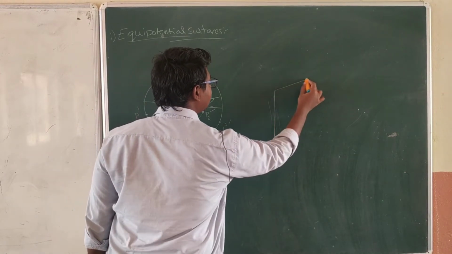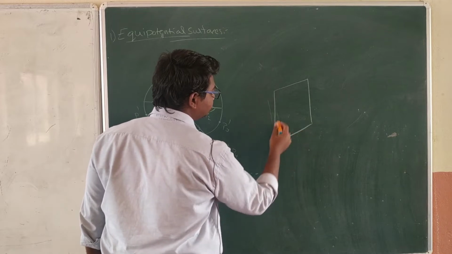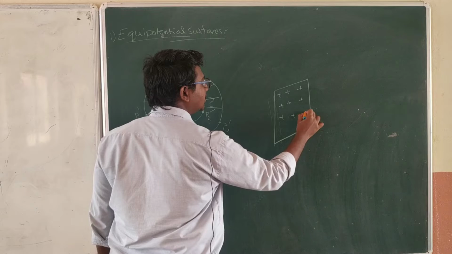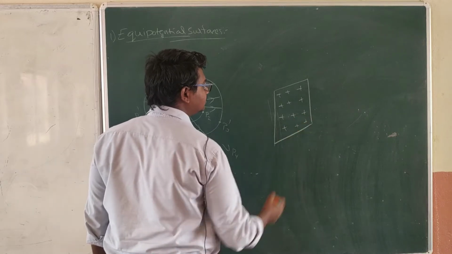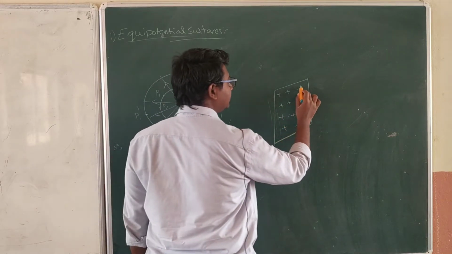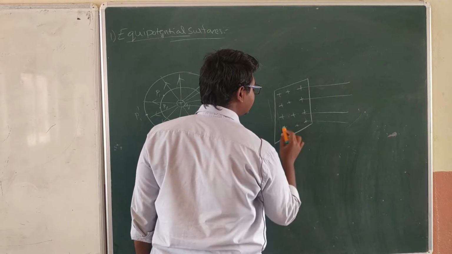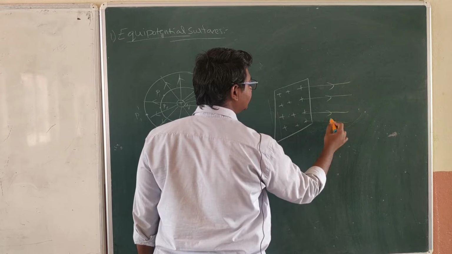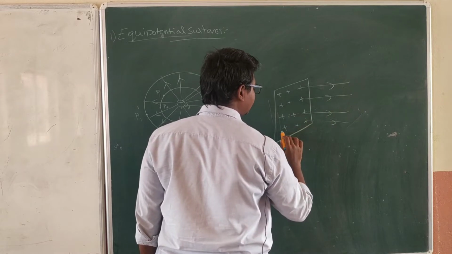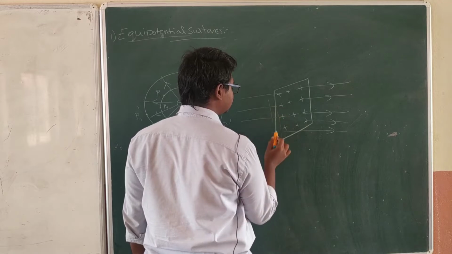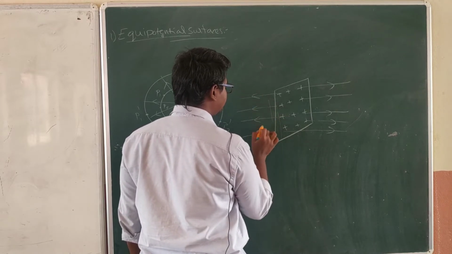For example, let me consider a plane like this, a positively charged plate. It will exhibit electric field in this manner, in both directions, that side and this side.